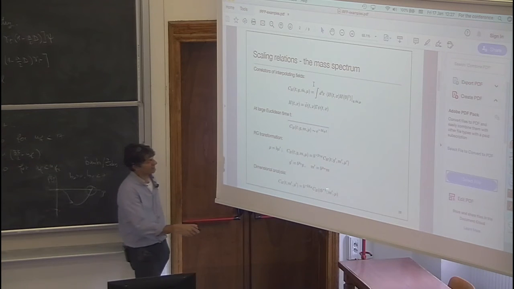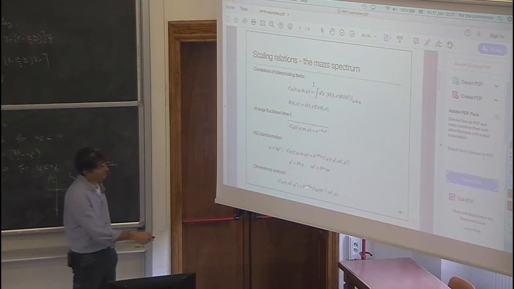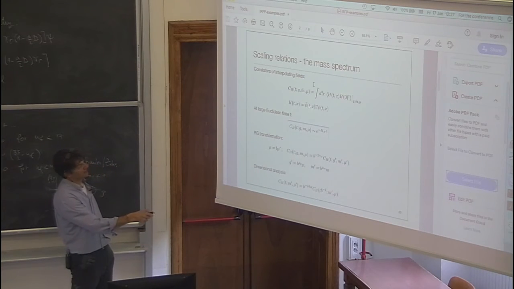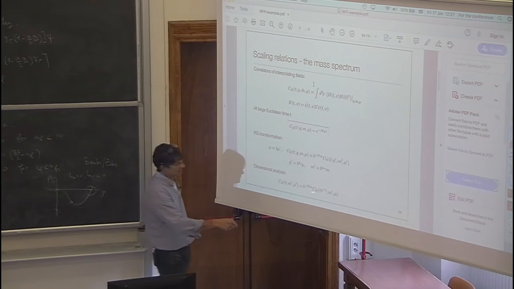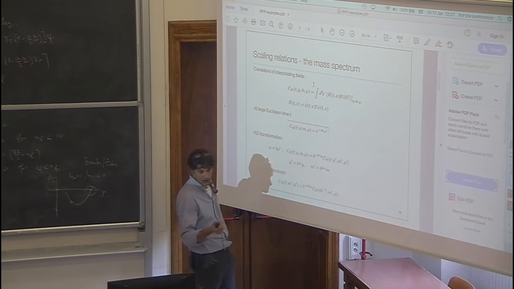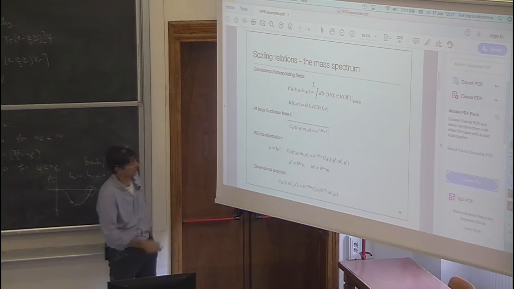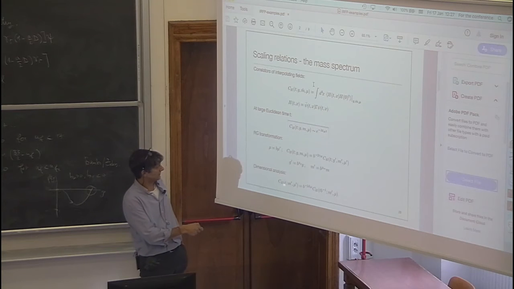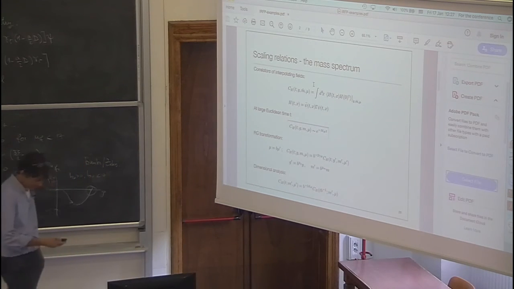When you do dimensional analysis, you get this kind of relation, where d_H is the naive dimension of your interpolating operator. This is just a change in the units that you use to measure distances, if you like. You've got centimeters on one side and inches on the other side.